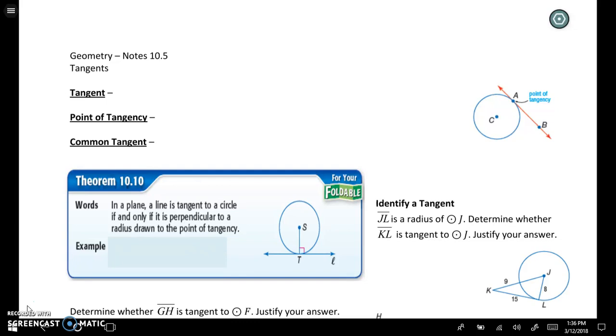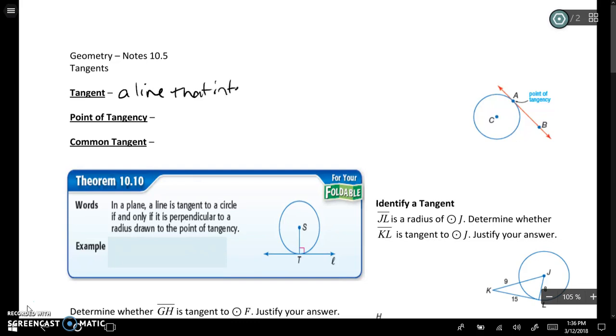So 10.5. Talking about tangent first. Okay, a couple definitions. A tangent is a line that intersects a circle at one point.